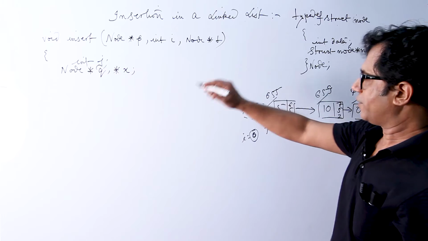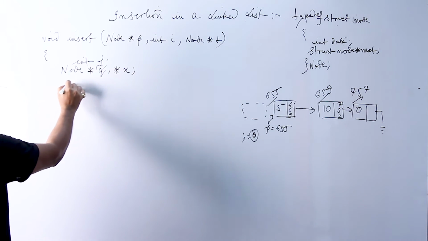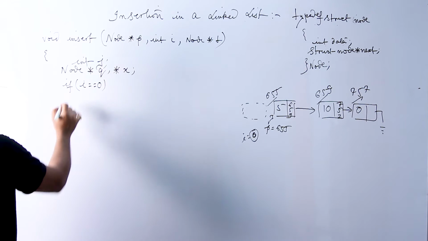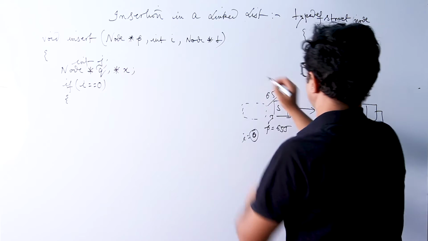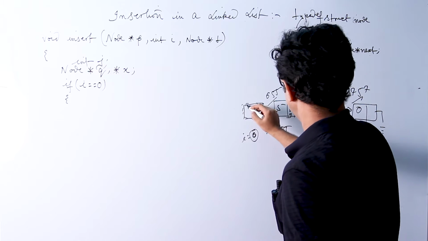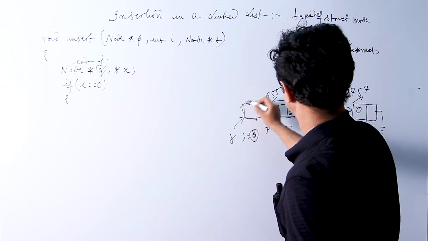So now if I write that portion like this, if i equals 0, then what will be the operation? Suppose this is T. T is the pointer pointing to this memory location.